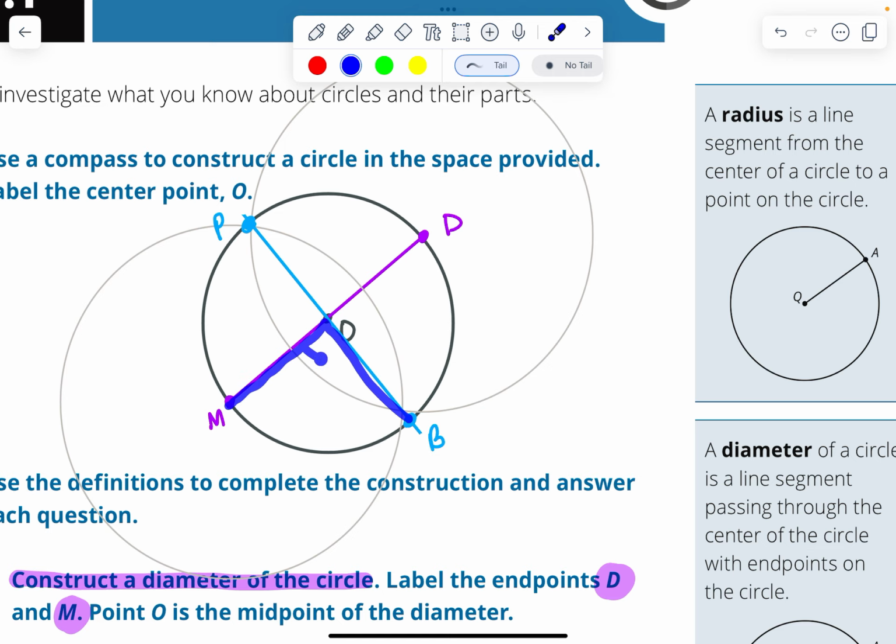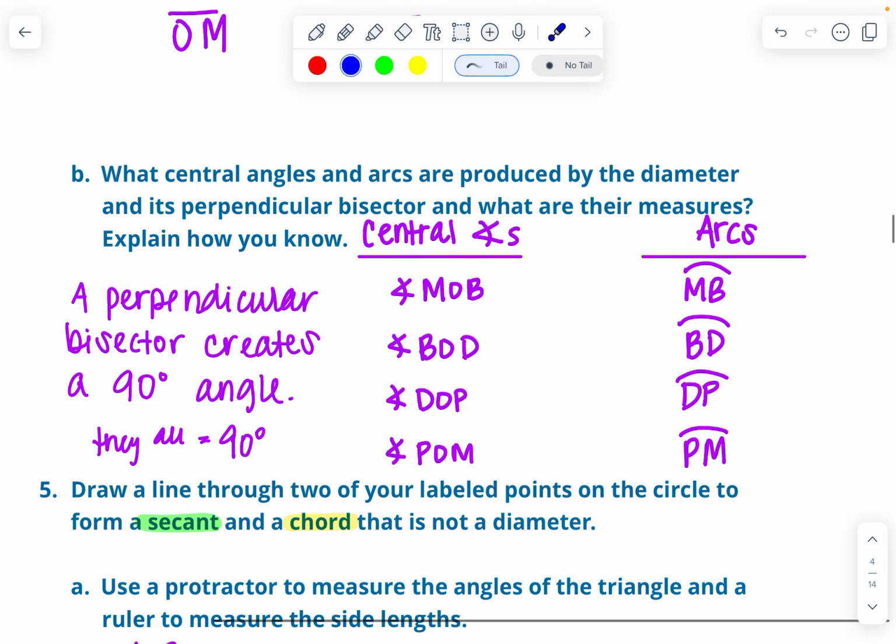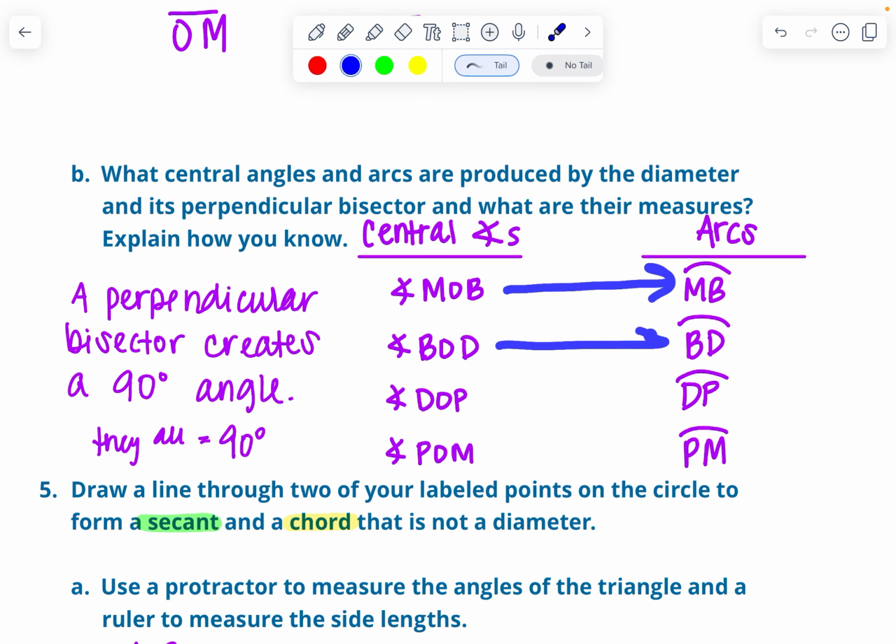BOM, that's another central angle. MOP, that's another central angle. And all of them equal 90 degrees. So this is 90, this is 90, this is 90, this is 90.